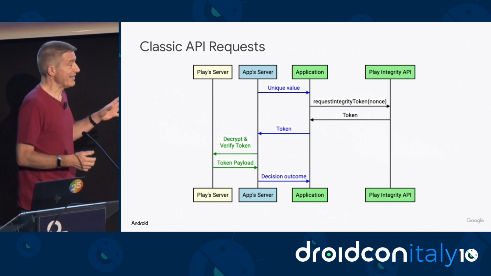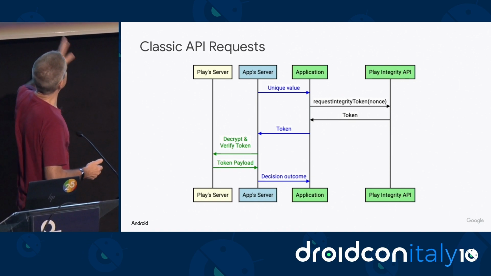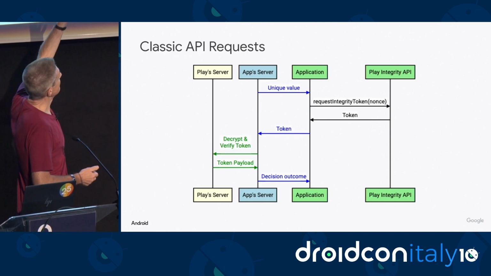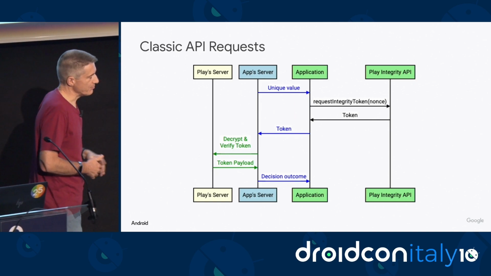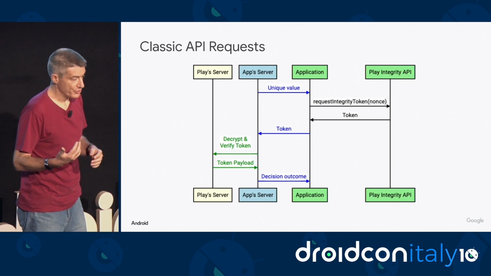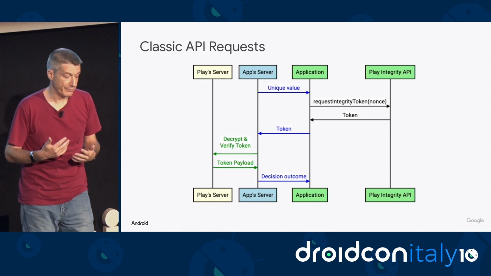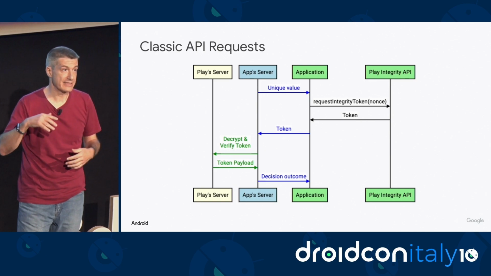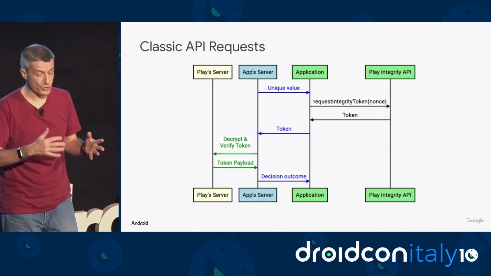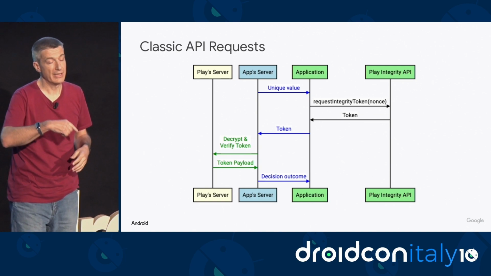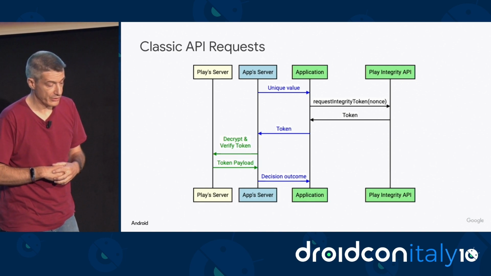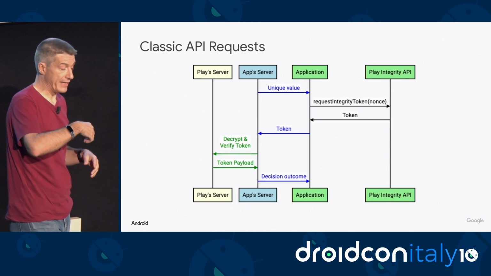So this is the classic API request. You see we have 4 actors: the Play server, the application server, your backend, the application on the mobile device, and the Integrity API. The basic idea is that you want to prevent a relay attack, so the backend starts by generating a random number, a nonce, and this is used during the call to ask for a verdict from the application to the Play API on the device, which sends back a token.